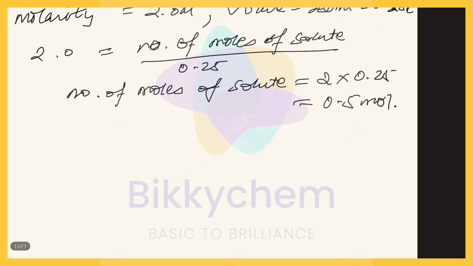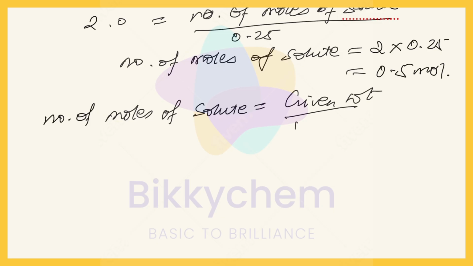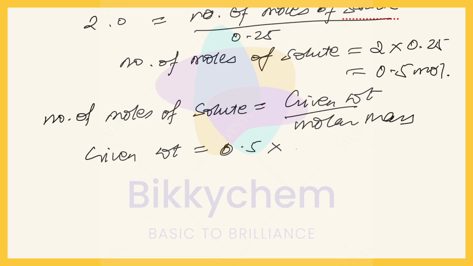Okay, so we have found the moles. Now the number of moles of solute is given weight by molar mass. So from here we can find the given weight. Number of moles we have already found, that is 0.5, into molar mass 63, this is 31.5 gram. So the weight of HNO3 is 31.5 gram.